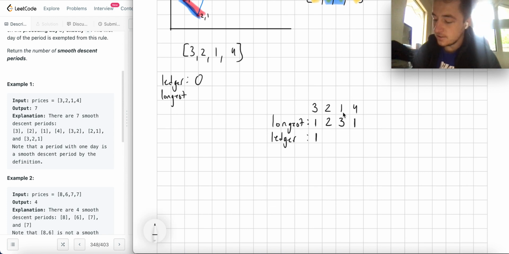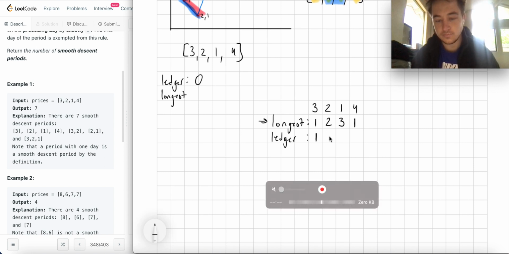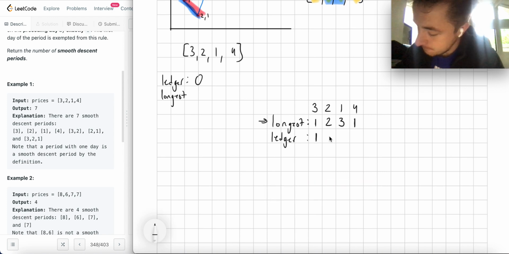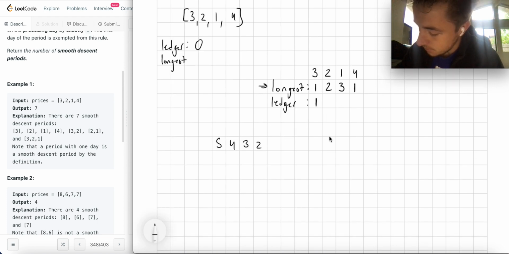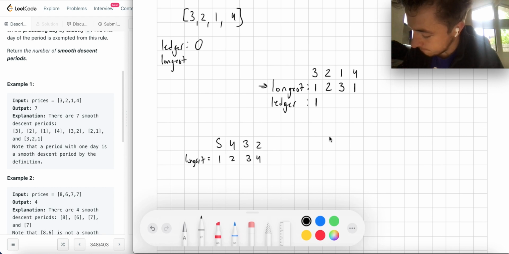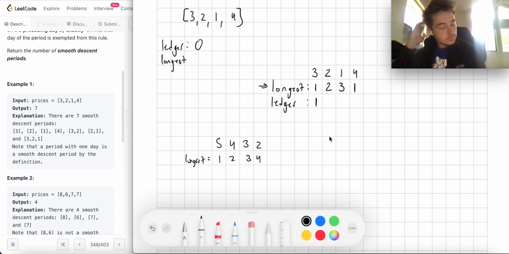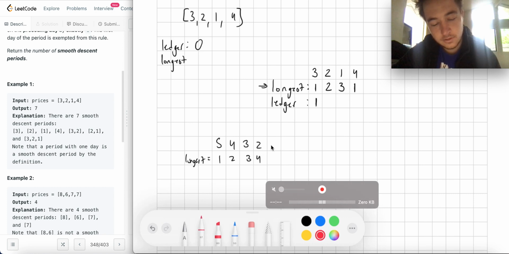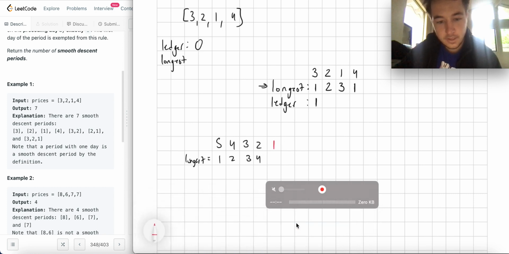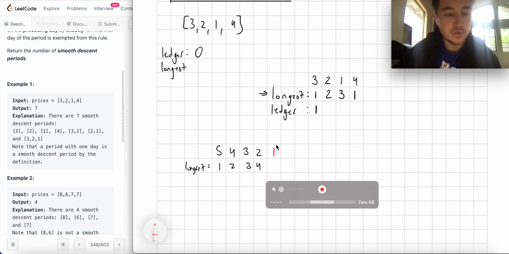So how does this longest descent tie into the idea of a ledger? Imagine you had the descent 5, 4, 3, 2, 1. That would mean that longest is 1, 2, 3, and 4 up to the 2. When you encounter a 1, this 1 can create how many smooth descent periods?